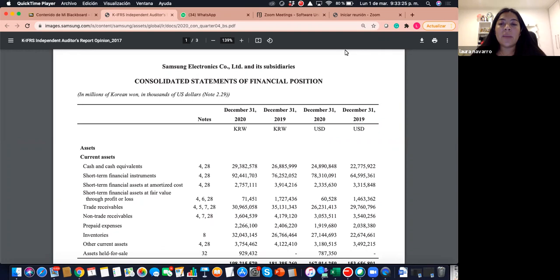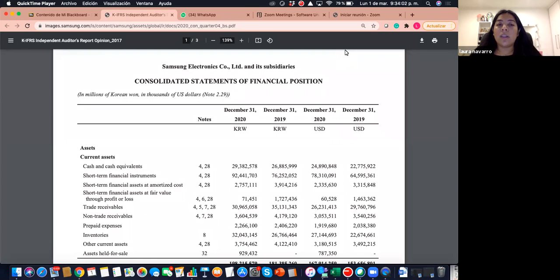Then we have another important account that is called trade receivable. In this one, on December of 2019, we have 29,760,796, and in 2020 we have 26,231,413, and this shows that we decreased 13.45%.